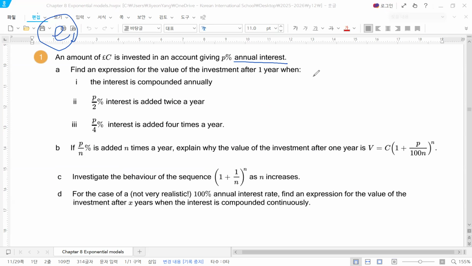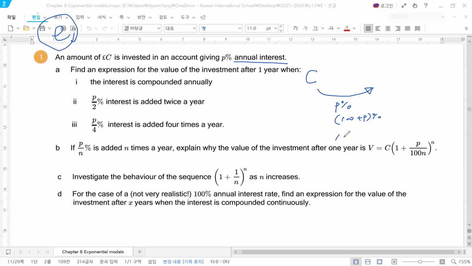So guys, basically you invest C and then the annual interest is P%, right? So P% increase. It means that 100 plus P% will be the money that you can get after 1 year. Understand? Then you can find the multiplier by dividing by 100 because it is written in percentage.